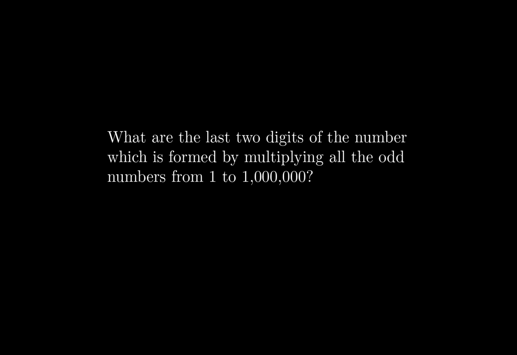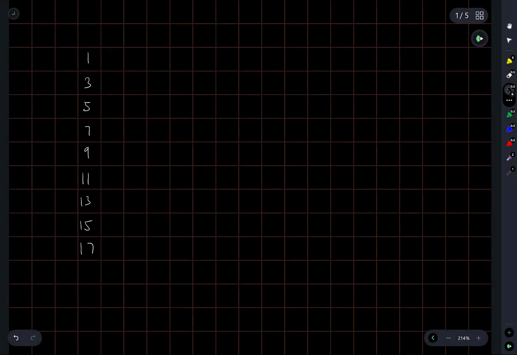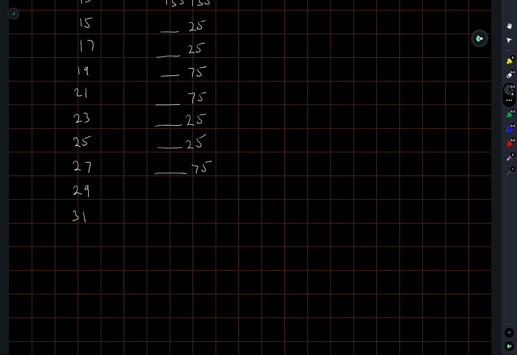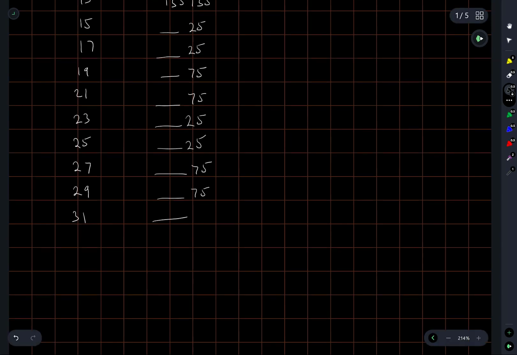I think what I'm going to start with is just carrying out the product manually and seeing if a pattern comes out, and then trying to figure out how we can prove that that pattern continues. So it looks like we have some kind of pattern coming out here.